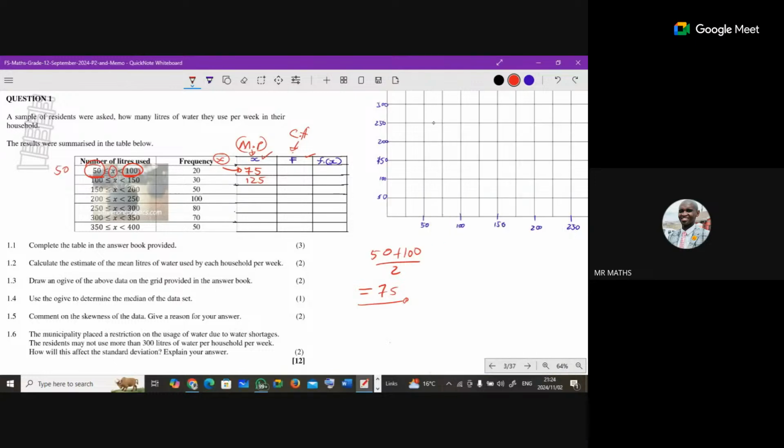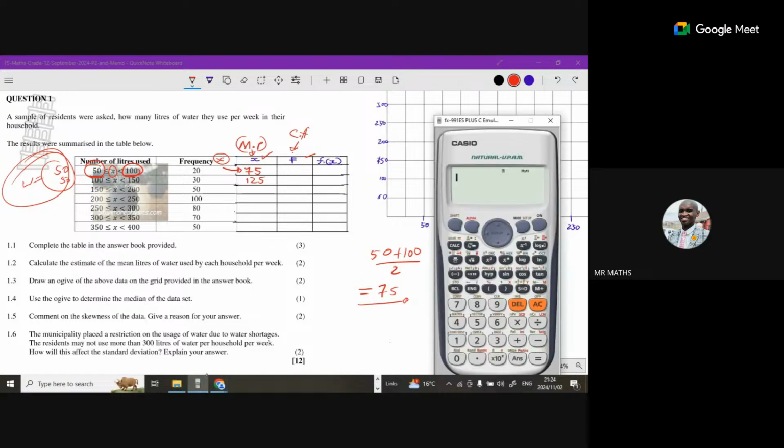Do you see that? Nalapha 150 minus 100 ngu-50. Are we together? Yes, sir. So we call it i-width yethu, and you will use it a lot when you do statistics at university. So once you get your midpoint, you can always just add your width to get the next midpoint.